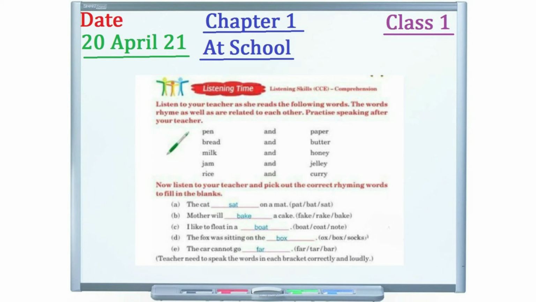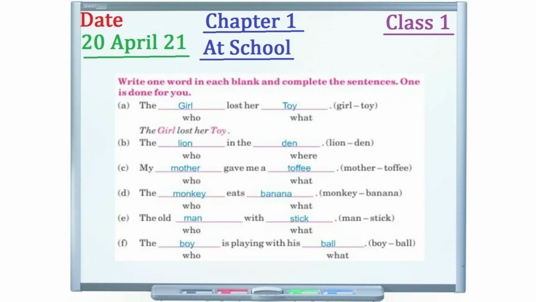FAR far. The teacher needs to speak the words in each bracket correctly and loudly. Here is an exercise for you students. Try to read yourself. Now on page number 16 there is an exercise.